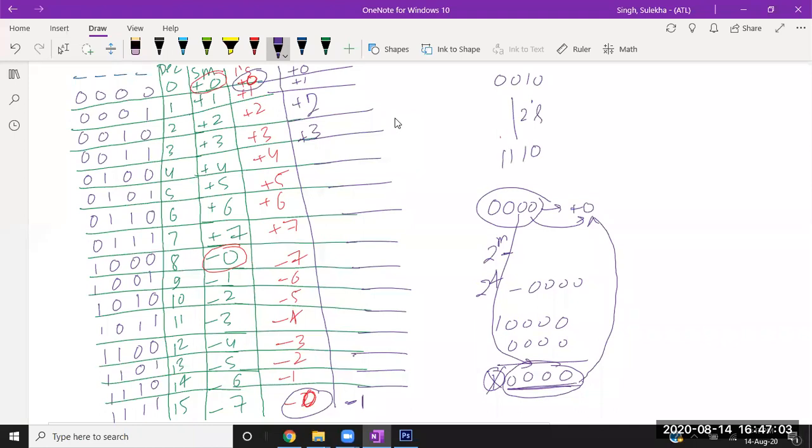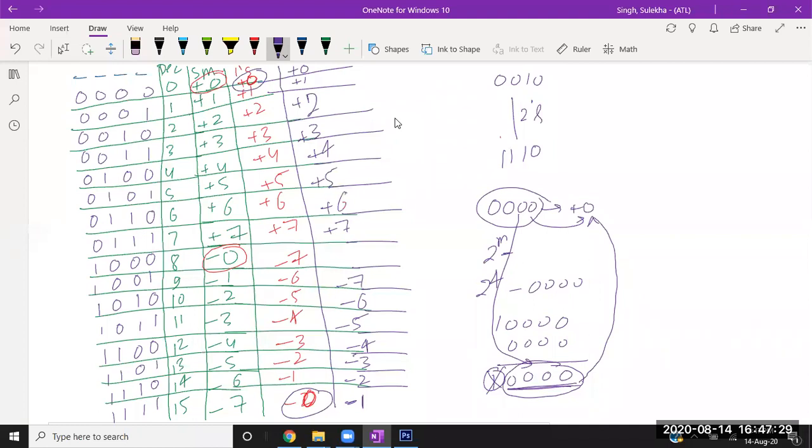And you can see 0, 0, 1, 0 is here, 1, 1, 1, 0 is here. So that is minus 2. If you take this plus 3 and do 2's complement, this is minus 3. If you take this plus 4, plus 5, this will become minus 4, this will become minus 5. If you take this one as plus 6, it will become minus 6. If you take this one as plus 7, it will become minus 7.